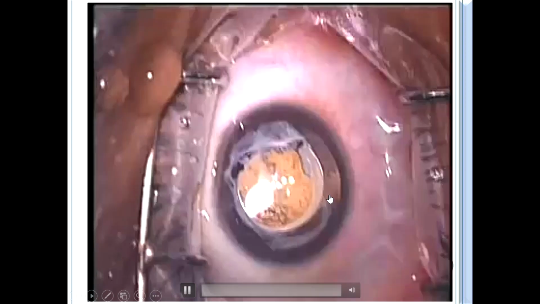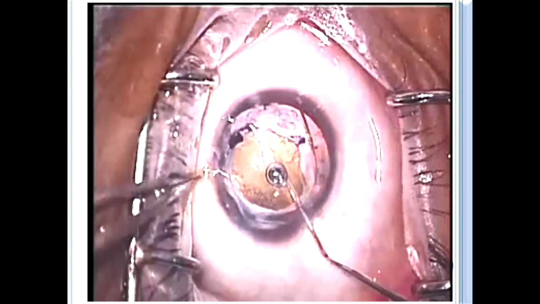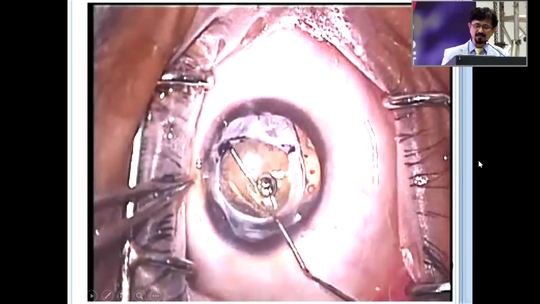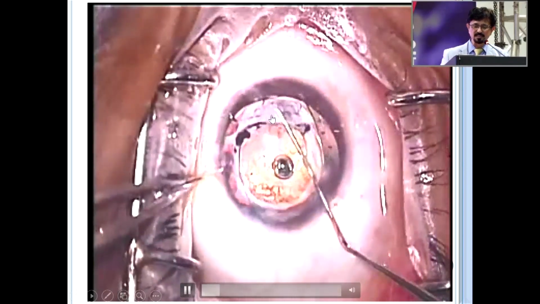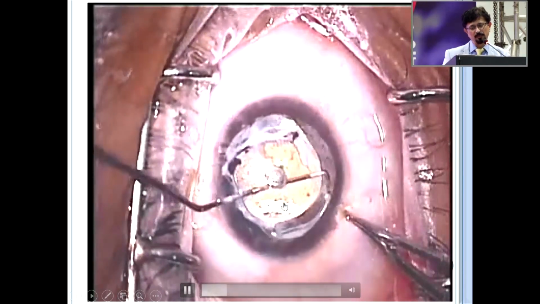Sometimes, in spite of all that, there can be visual axis opacification. If you have a visual axis opacification in a pseudophakic eye with so much fibrosis, then there are two ways of doing it. You can either go from the anterior route or you can use the vitrector from the posterior route.